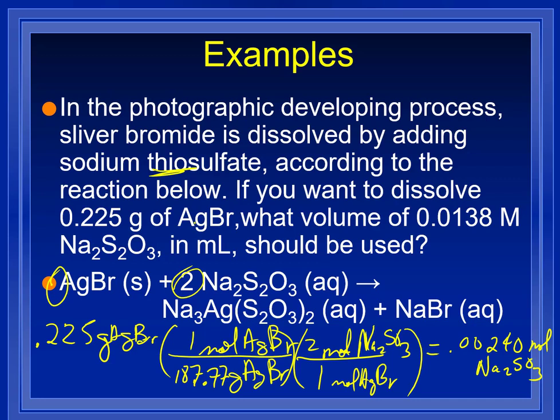But we don't want moles, we want milliliters. So if molarity is moles over liters, then liters is moles over molarity. It's on the top of this side, it goes to the bottom. It's on the bottom of that side, it goes to the top. They switch places.